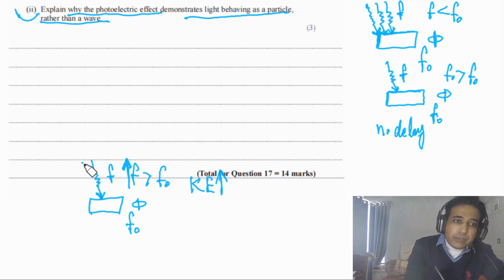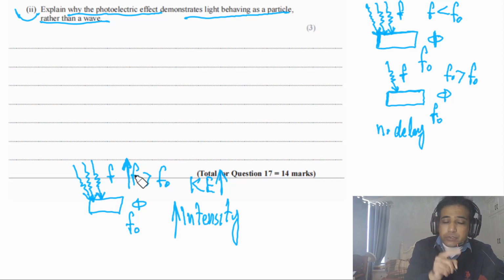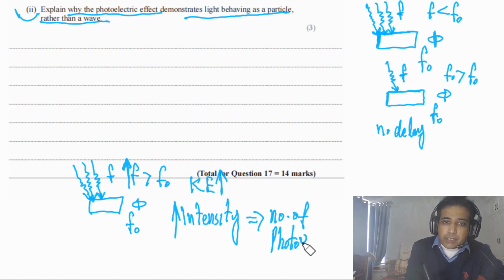And if we increase the intensity of this one, number of emitted photoelectrons will increase. So if we increase intensity of light, and if frequency of the light is greater than threshold frequency, number of photoelectrons will go on increasing. And this is against wave theory of light.